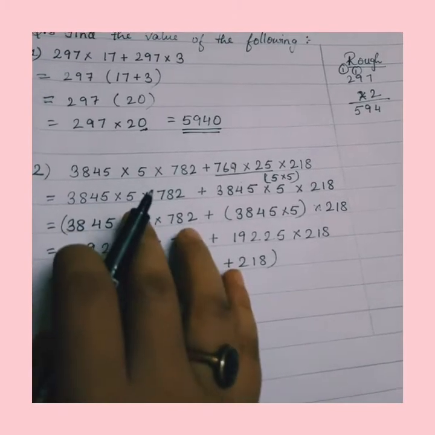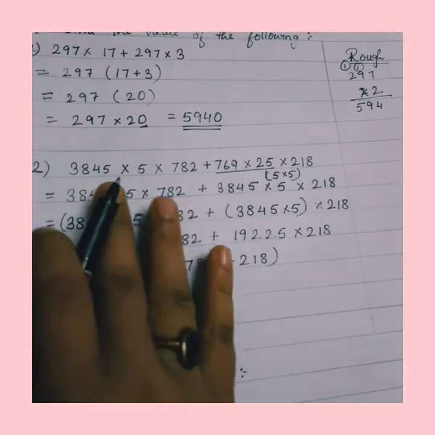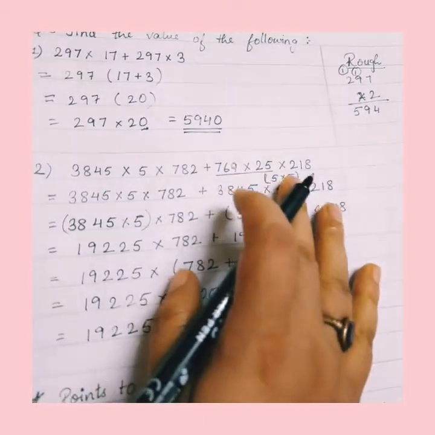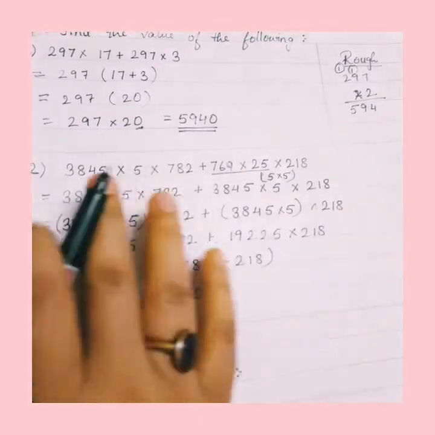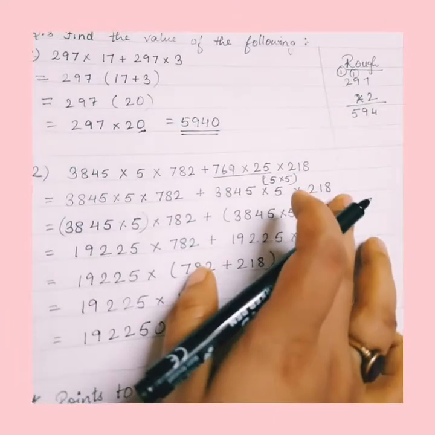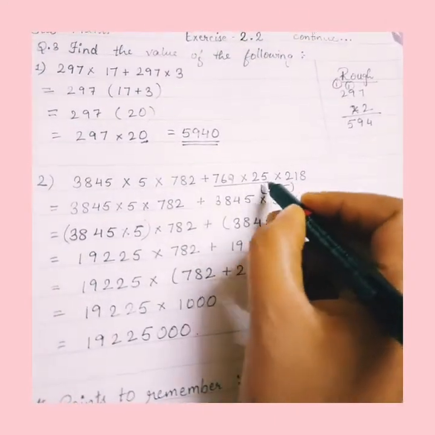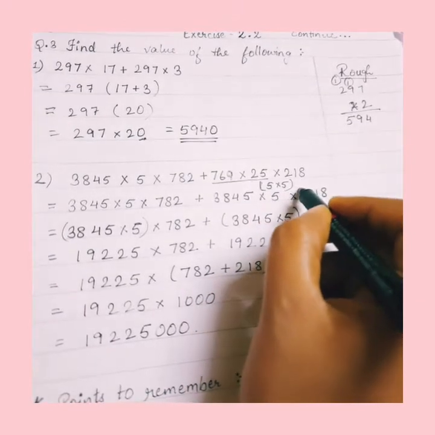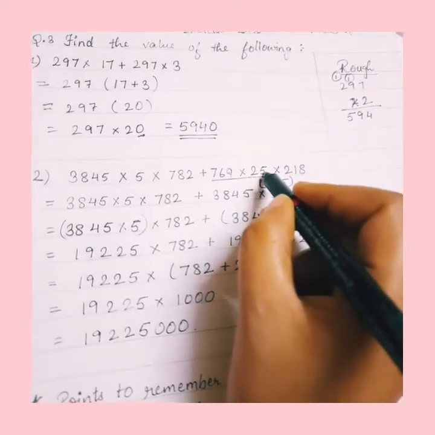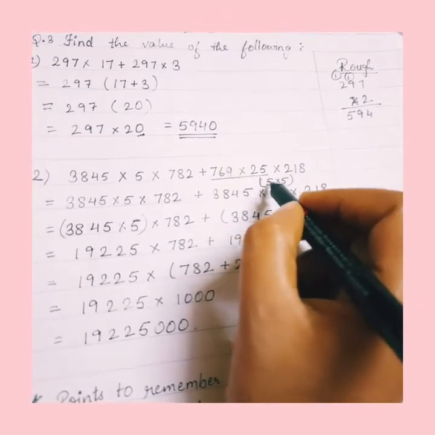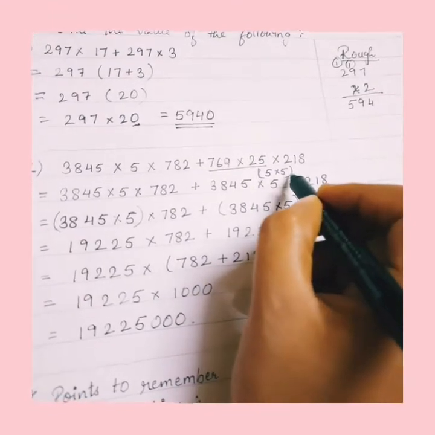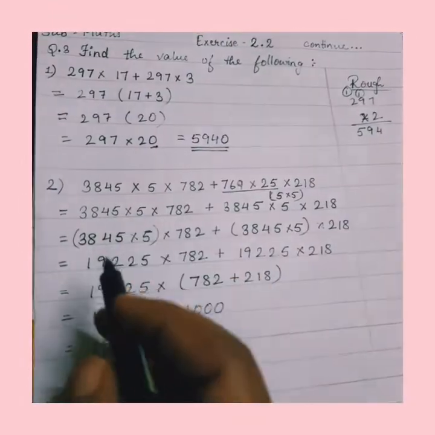But as we can see here, no number is common, every number is different. One thing we can do is 25 can be written as 5 into 5, because 5 fives are 25. After doing this, let's start the sum.